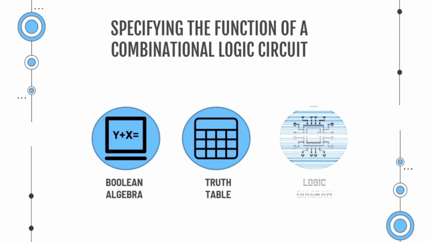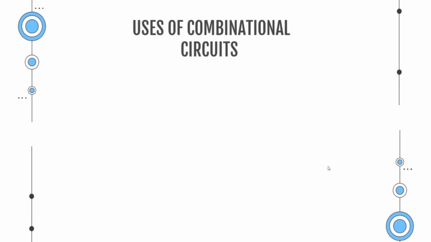And the third way is the logic diagram. This is a graphical representation of a logic circuit that shows the wiring and connection of each individual logic gate, represented by a specific graphical symbol that implements the logic circuit. Let's talk about the uses of combinational logic circuits.